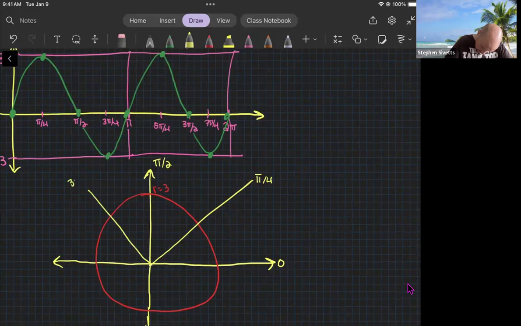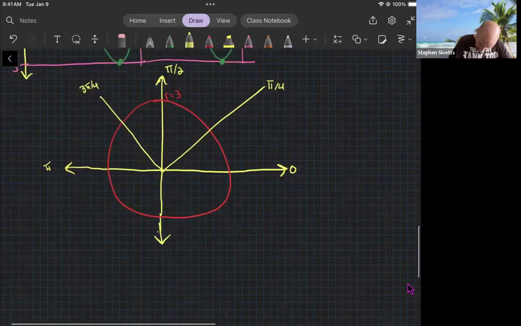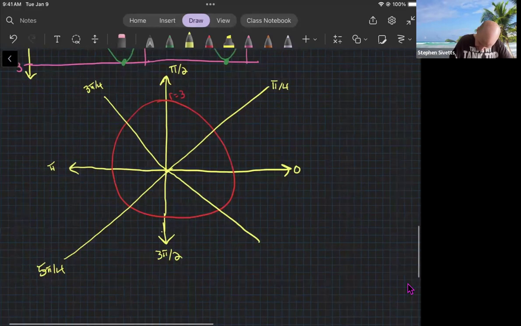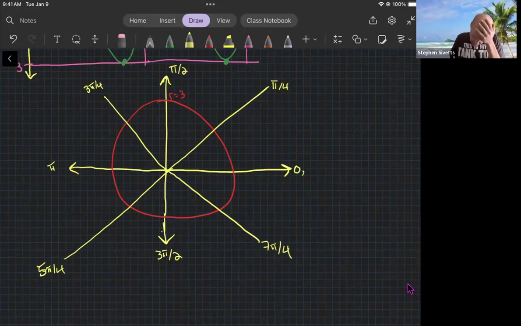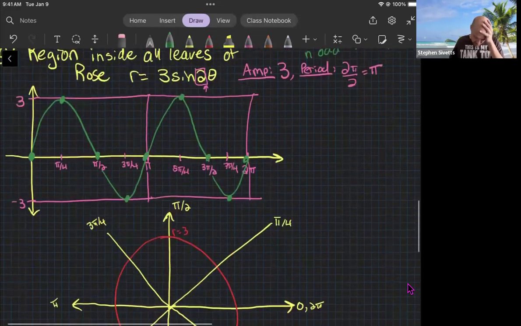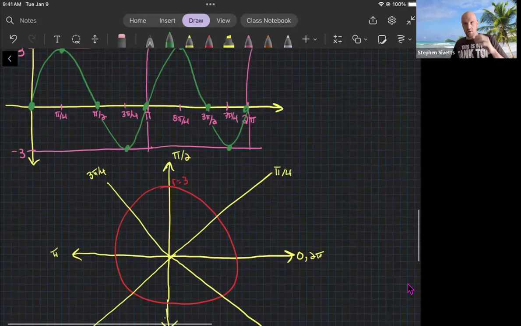And then we'll have 3 pi over 4, and then pi is here. 5 pi over 4, I'm sorry, and 7 pi over 4 is over here. And 2 pi is there. Great. So now let's get on with the drawing in our polar graph.